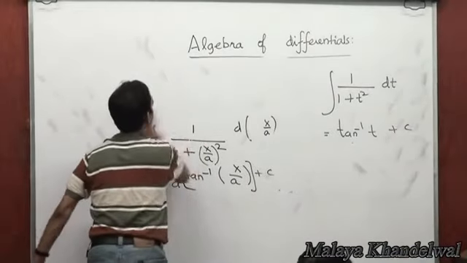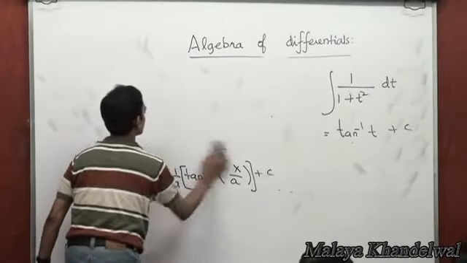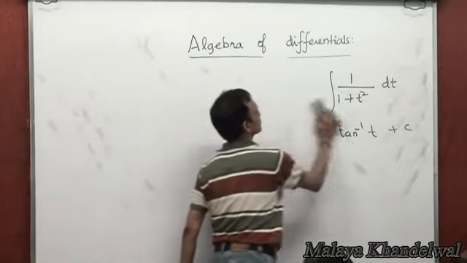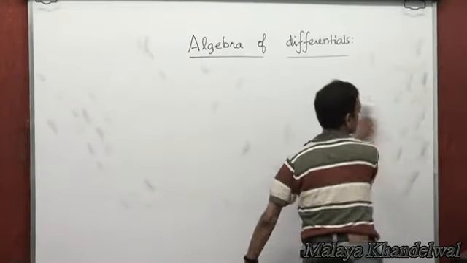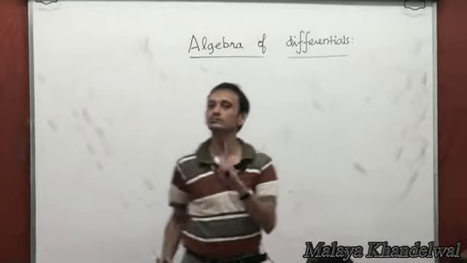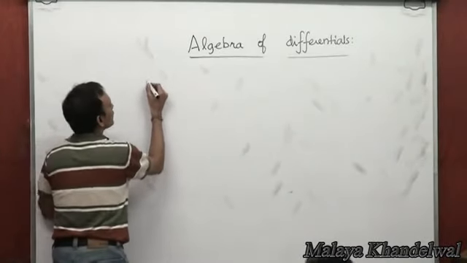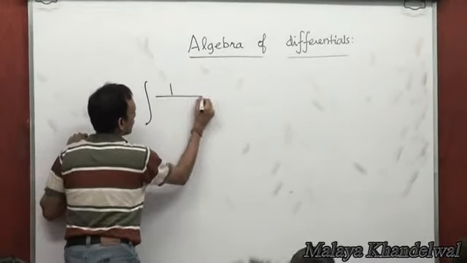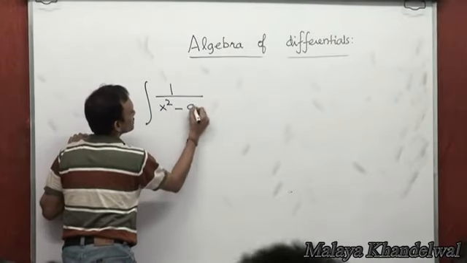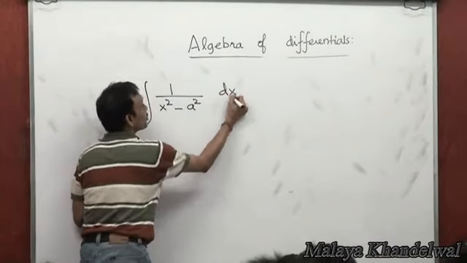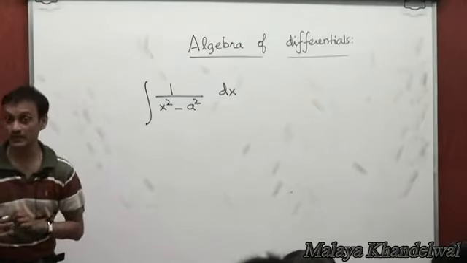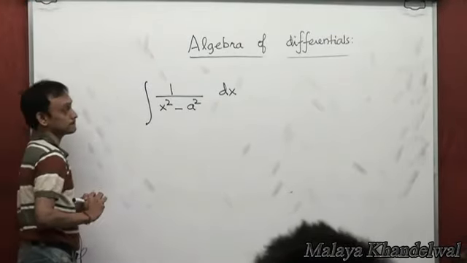Now, integral 1 by x squared minus a squared dx. Integral of this form.